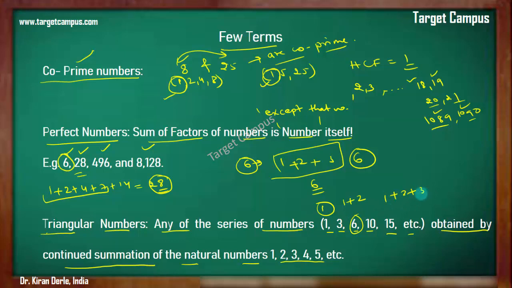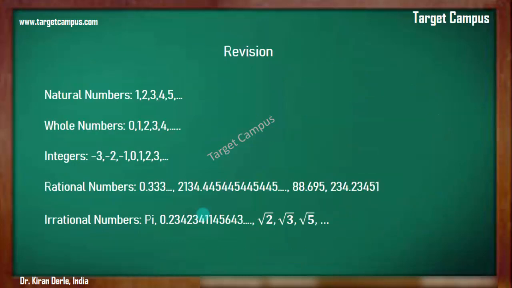So sums of consecutive natural numbers. This is the series of triangular numbers, right? Again, 6 plus 4 is 10, right? So this is what triangular numbers are. These are basic terminologies you may hear while getting some questions. I hope this is clear.